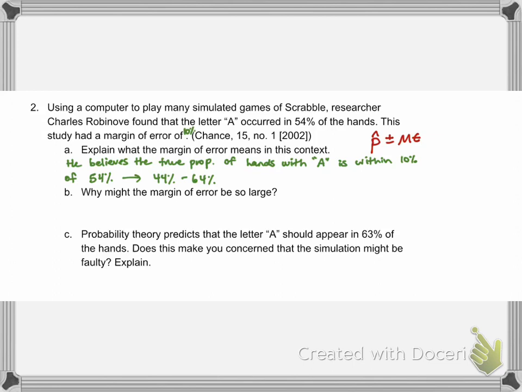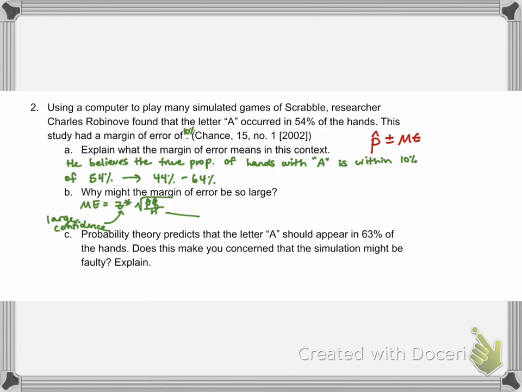And there's two things that would make a margin of error that large. If I think about the formula, it's a z-score times the standard error, the square root of p-hat q-hat over n. There's two things that could make that whole formula large. Number one, if your z-critical is large, that could do it. And a large z-critical gives me a large level of confidence.